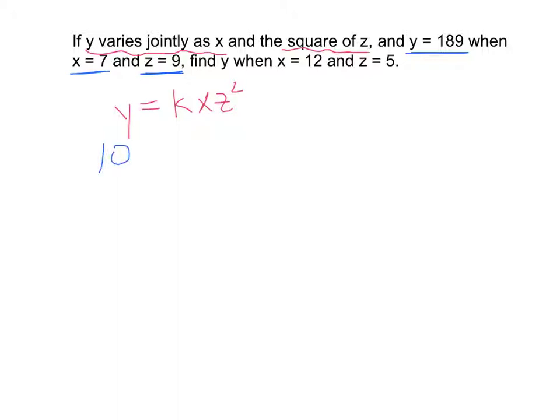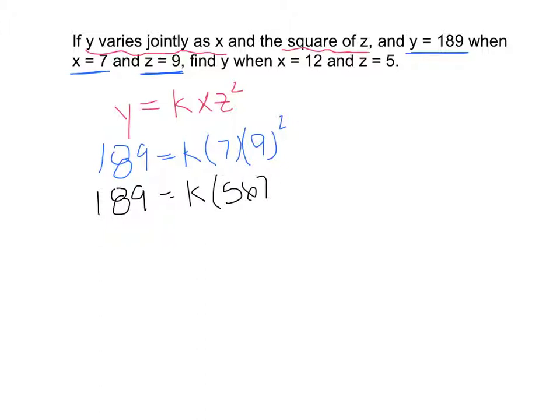189 equals k times 7 times 9 squared. So this means that 189 equals k times 7 times 81. So when we do 7 times 81, let's get your calculator out. 7 times 81 is 567. So we just have one last step before we get k by itself. We need to divide both sides by 567.